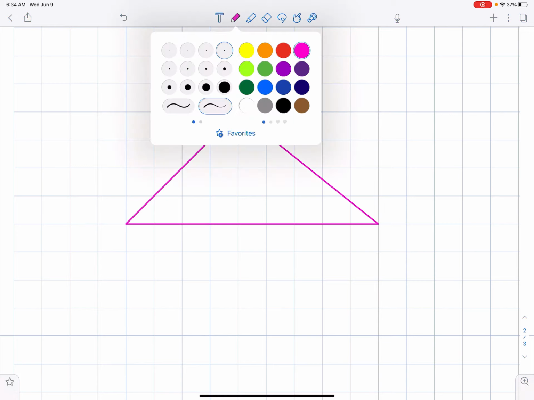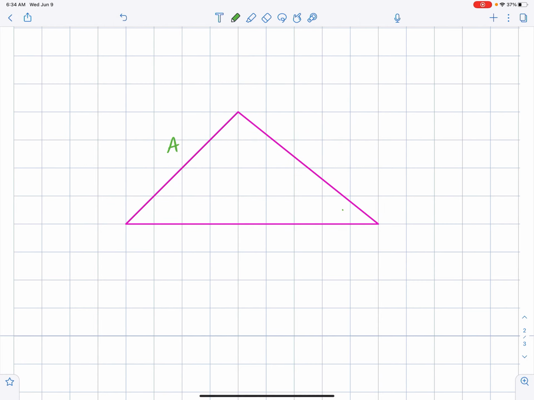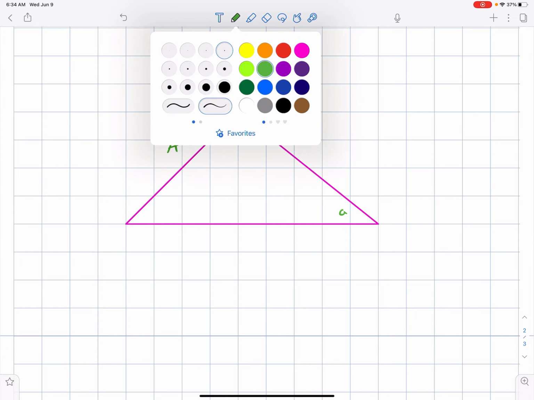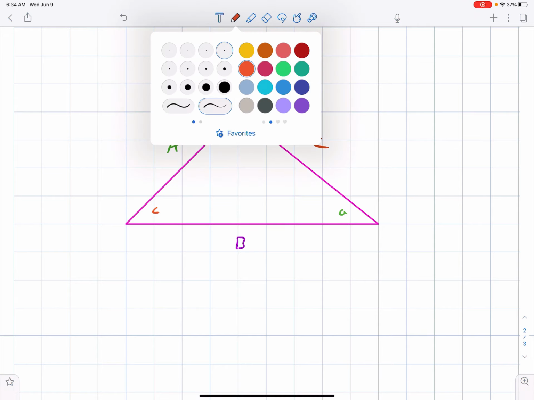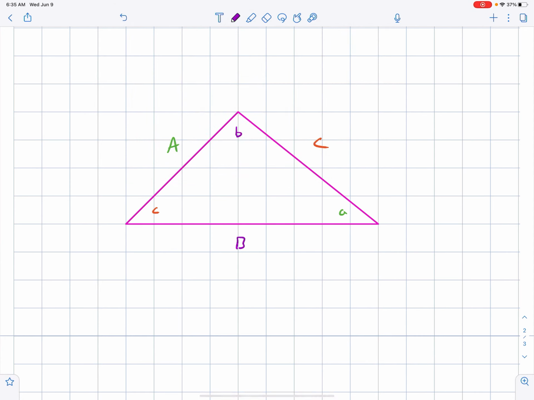So okay, let's take a look at the proof. This is A, this is little a, just keep the colors the same. It doesn't matter. That's B, that's little b, and then this will be C and little c. Did I write C? What is going on? There we go.